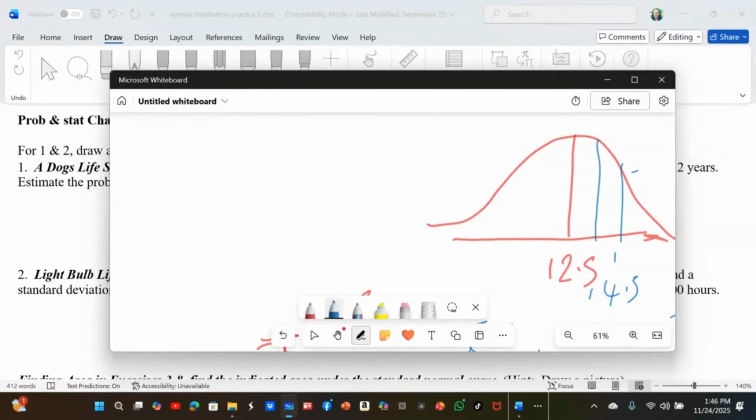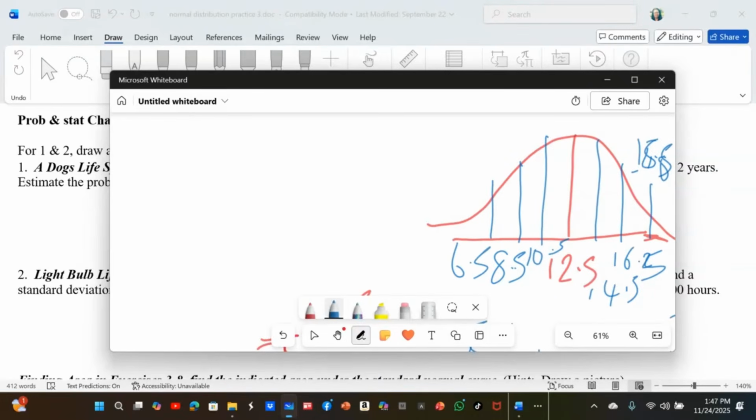Two standard deviations above the mean is 16.5, and three standard deviations above the mean is 18.5. On the left-hand side, one standard deviation below the mean is 10.5, two standard deviations below is 8.5, and three standard deviations below is 6.5.